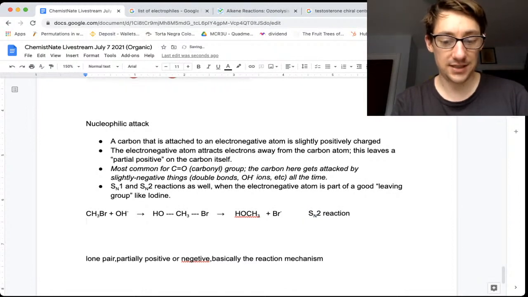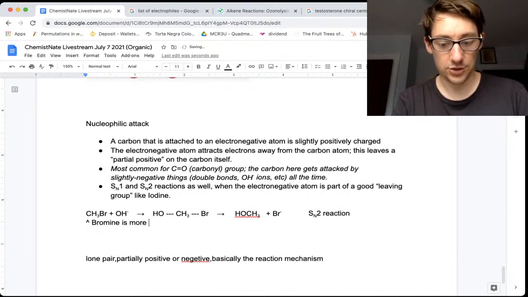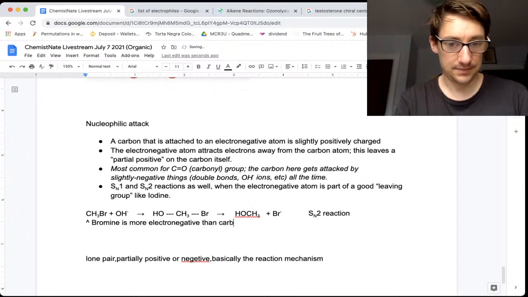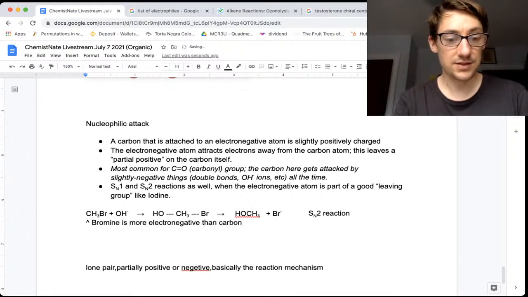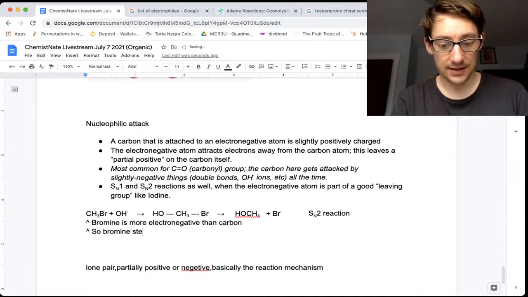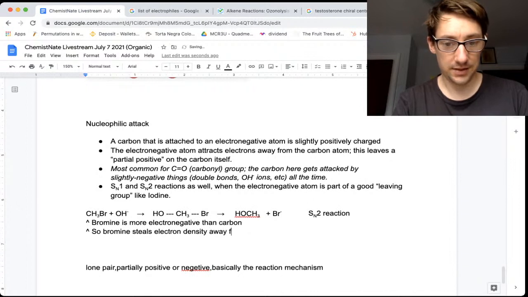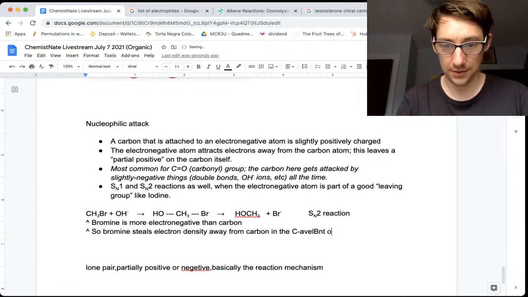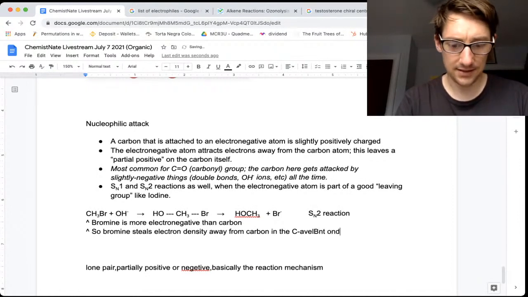But the explanation here is that bromine is more electronegative than carbon. So bromine steals electron density away from carbon in the C-Br covalent bond.